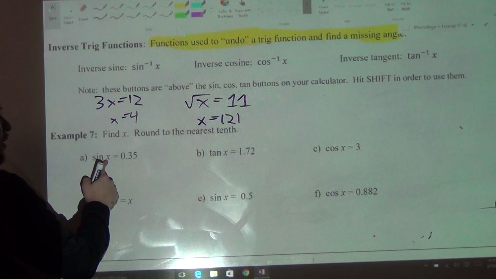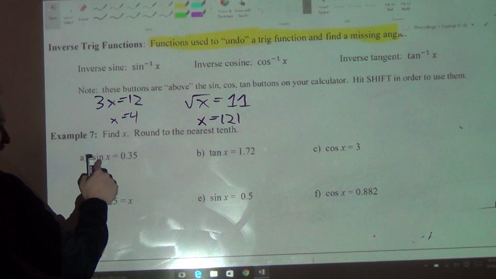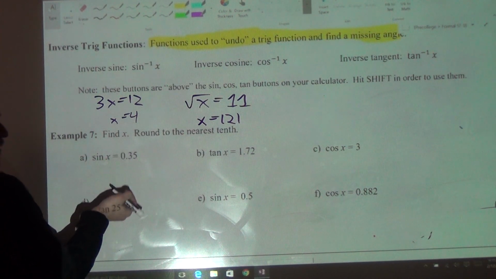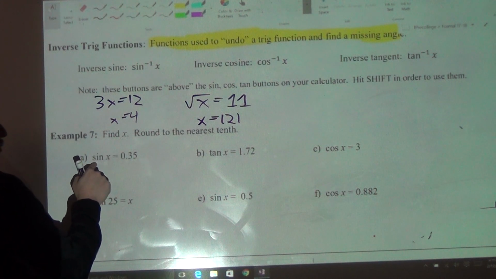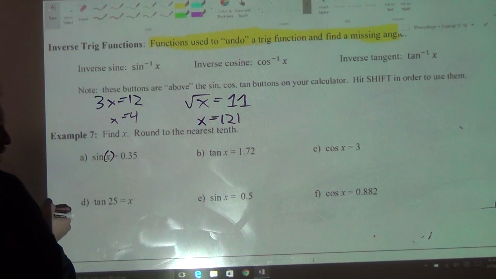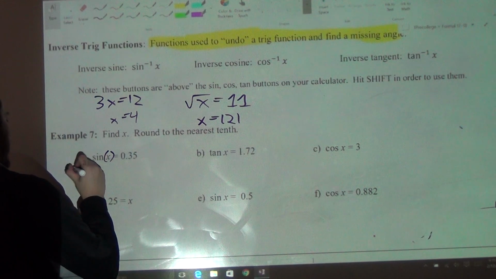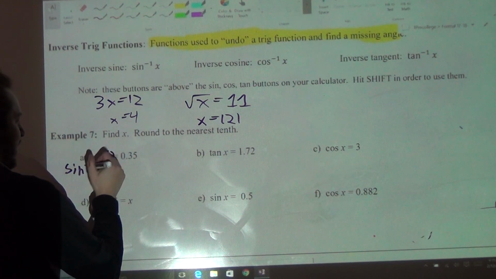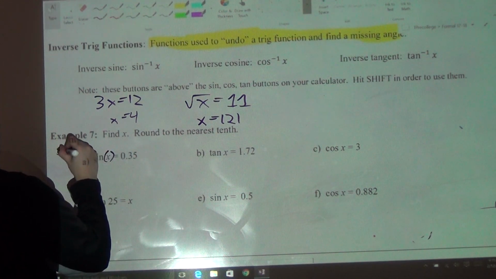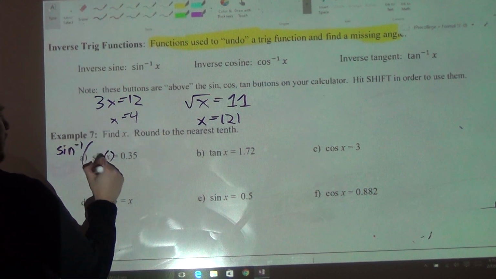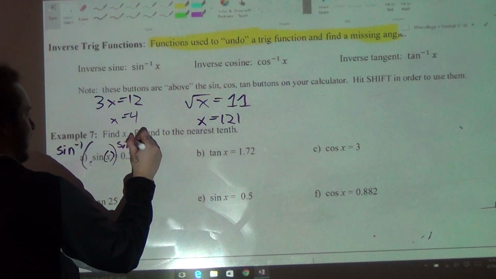Where we are here, we have sine of x equals 0.35, we need to undo the sine function on x. So we're going to take the sine inverse of this side, and we're also going to take the sine inverse of this side.